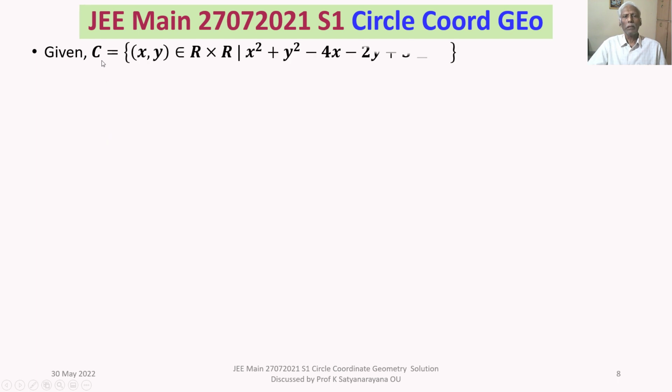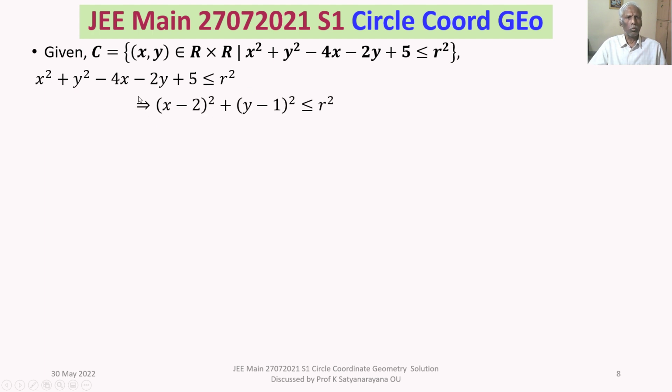We are given C, all ordered pairs (x, y) belonging to R cross R which satisfy x² + y² − 4x − 2y + 5 ≤ R². And that inequality will now become (x − 2)² + (y − 1)², that is precisely the left hand side of this inequality, ≤ R².